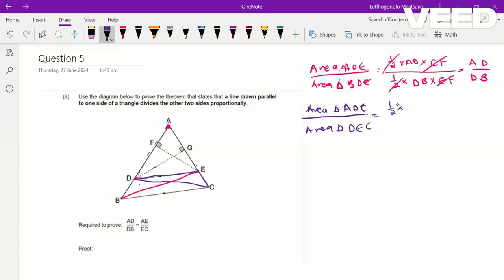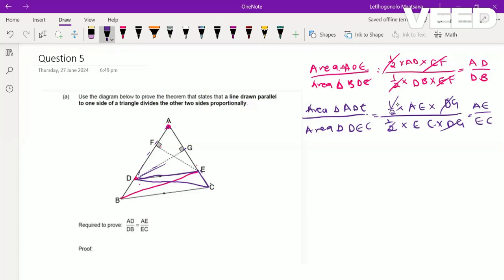We're going to use AE as our base, and for our perpendicular height, we will use GD or DG. 1/2, and for our base on this side, we're going to use EC, and for our perpendicular height, we'll use DG. So these cancel out, and we're left with just AE over EC.